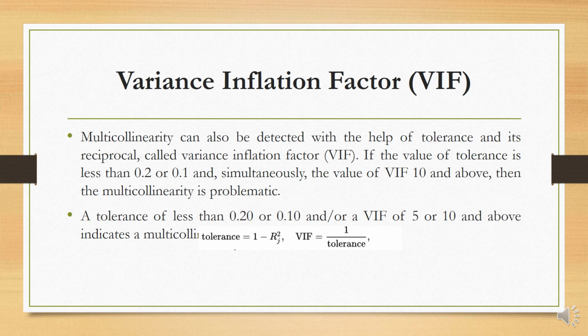If the value of the tolerance is less than 0.2 or 0.1 and simultaneously the value of the VIF is 10 and above, then the multicollinearity is problematic. A tolerance less than 0.2 or 0.1, or a VIF of 5 or 10 and above, indicates multicollinearity. Here is the formula: tolerance is 1 minus R squared, and the VIF is equal to 1 over tolerance.